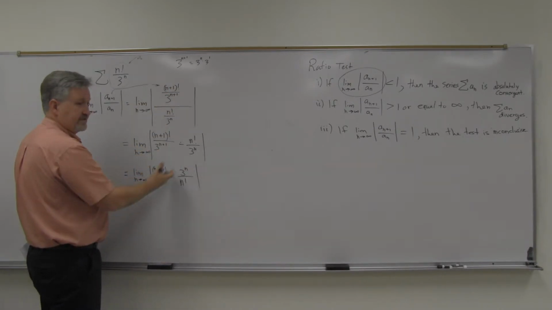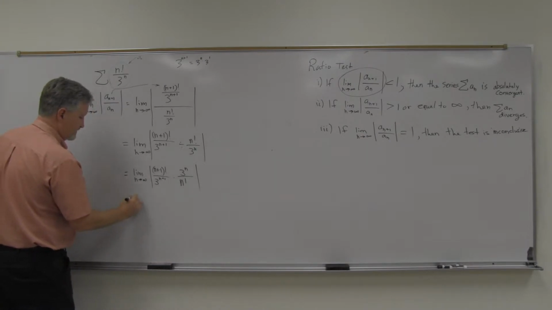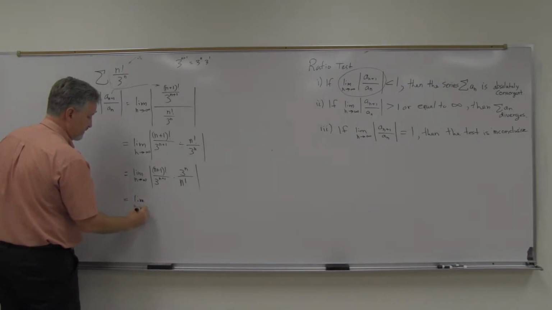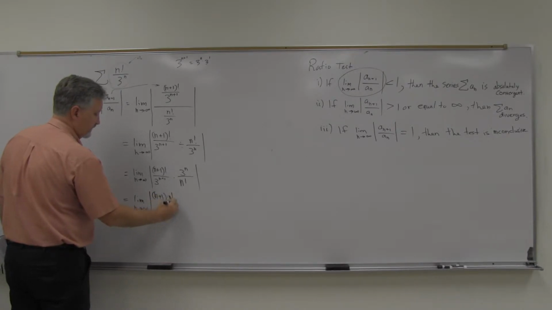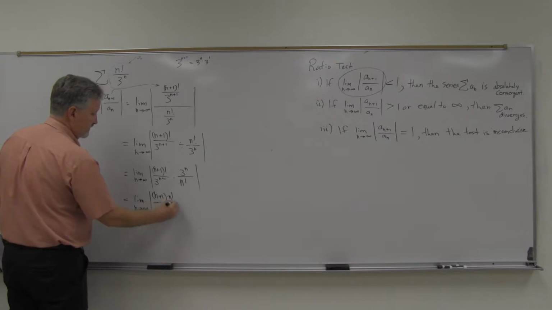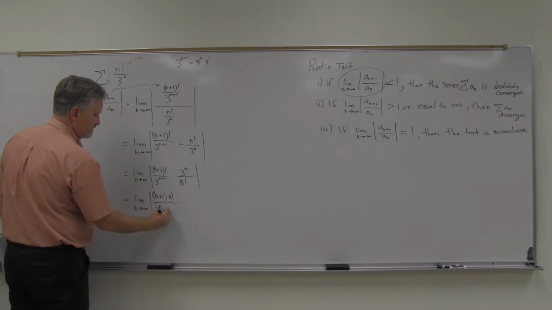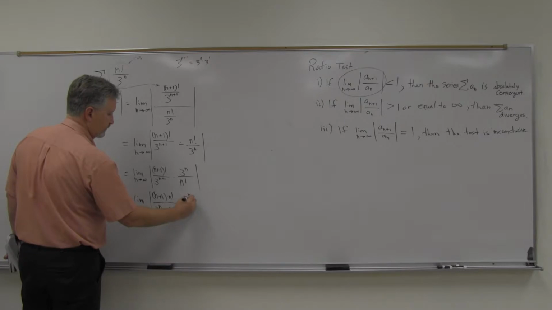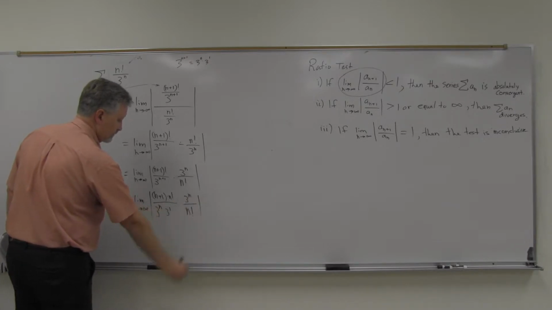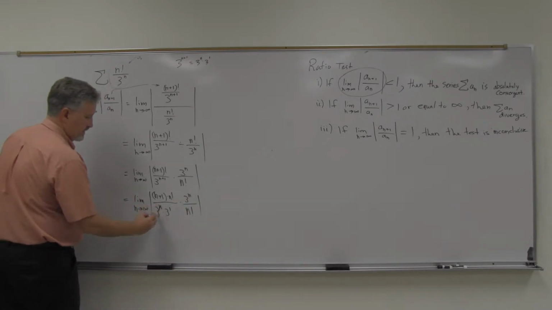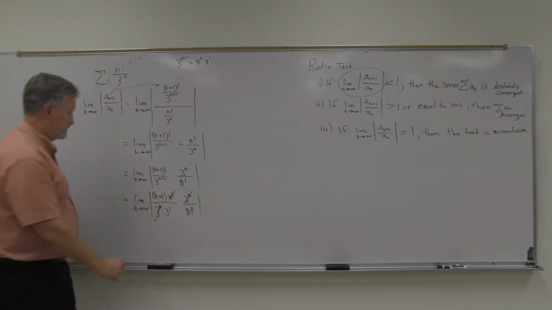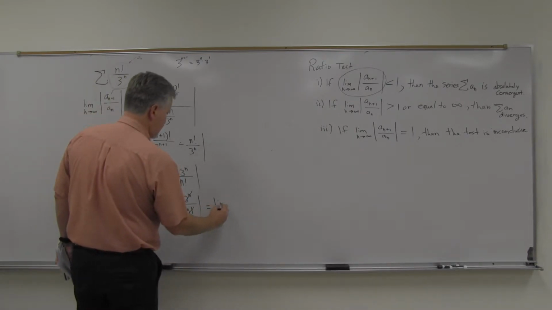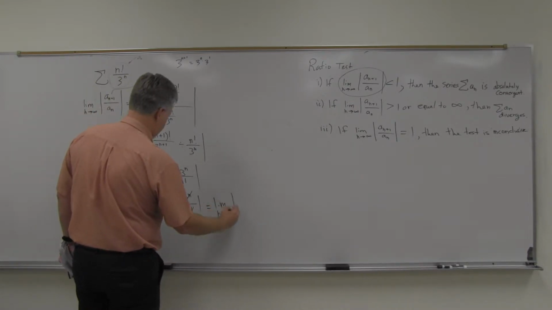And that's because we got the 3 to the n, so there's lots of canceling we can do if I break those up. Cancellation happens, yes. The n factorials cancel, the 3 to the n cancels, and we wind up with the limit as n goes to infinity of the absolute value of n plus 1 divided by 3.